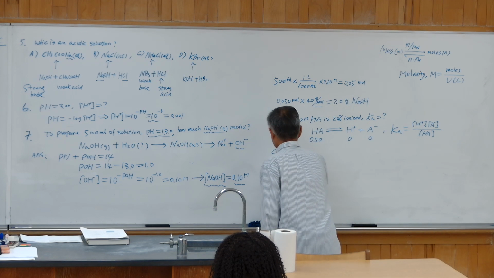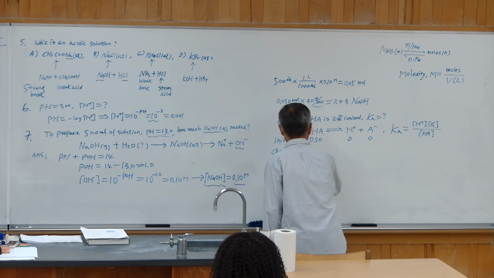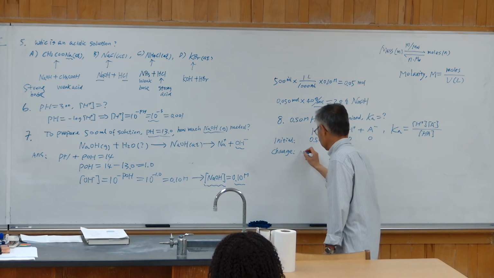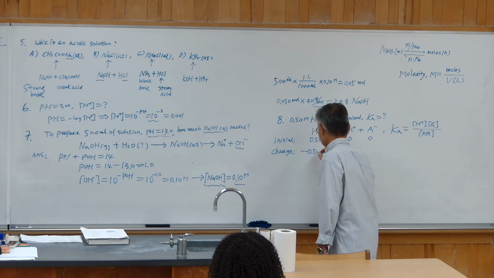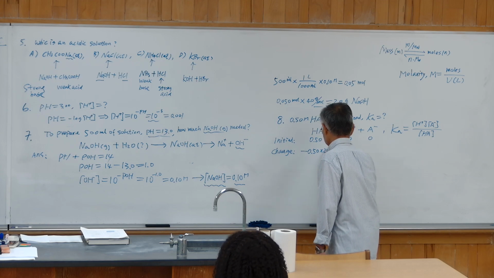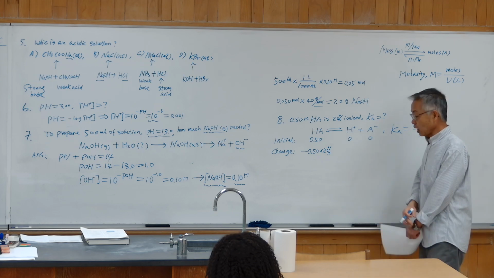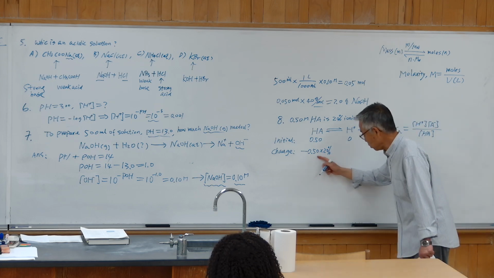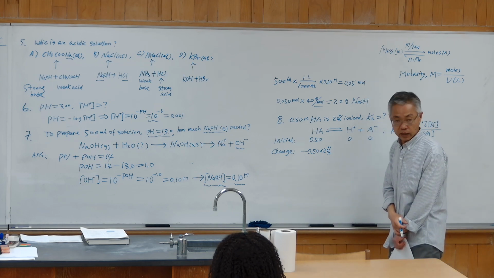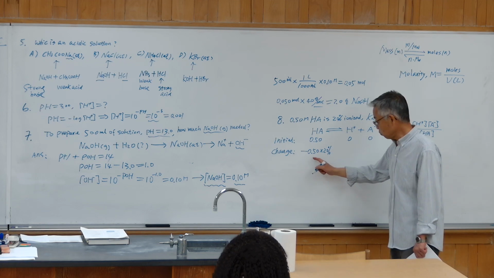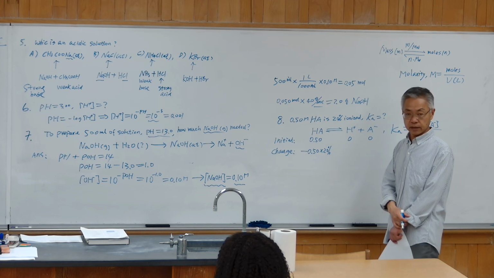This is ionization. Here, 20% is ionized. This is critical. Can you understand? 20% ionized means it loses 20% of the initial concentration. So 0.5 times 20%.